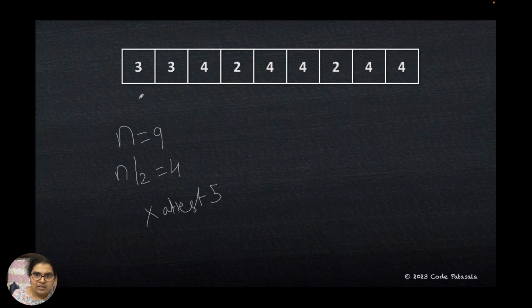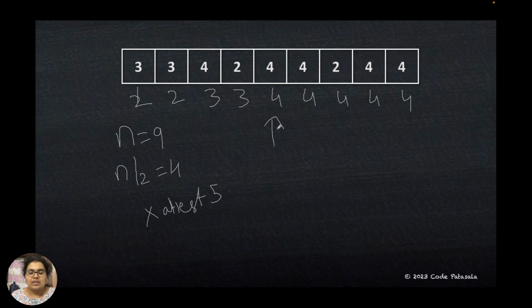So let's sort this array and see. In this array we have two twos, 3 threes and 5 fours. Okay, so the n by 2th element is here, which is 4, which is the majority element.